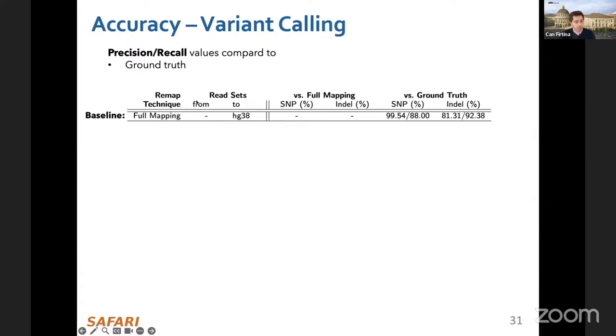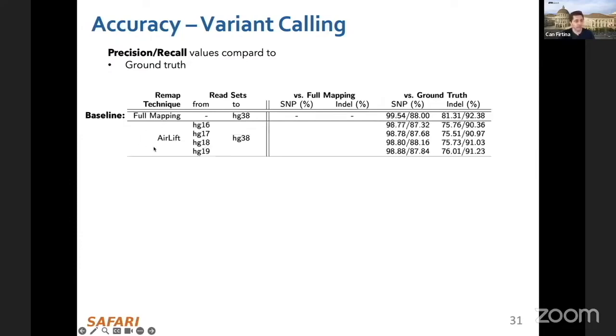We do this for both our baseline, which is full mapping, which means that we're essentially mapping all the reads directed to HG38, and then we're calling the variants, and then we're identifying the accuracy of SNPs and indels by calculating their precision and recall values.